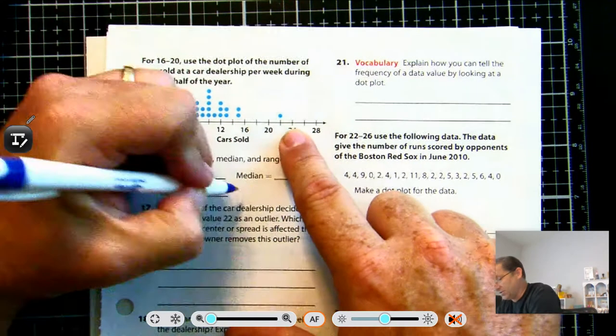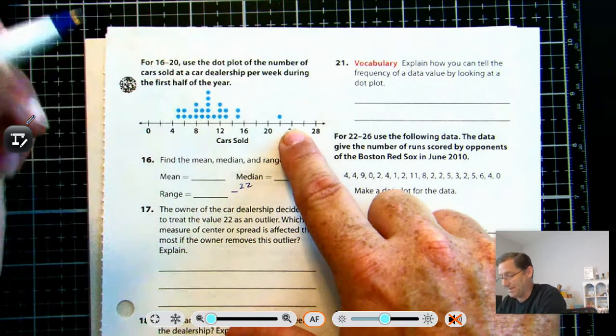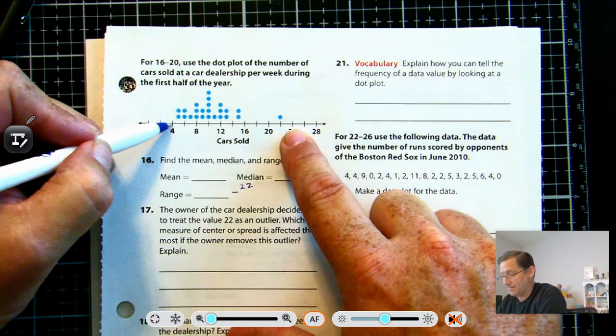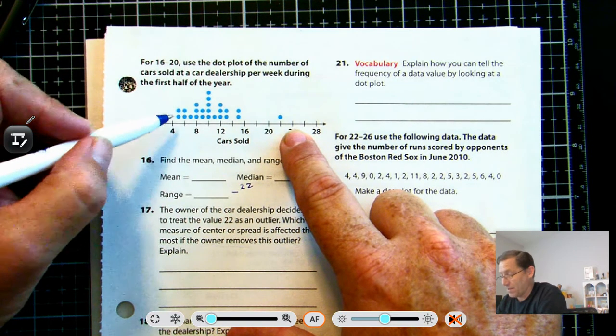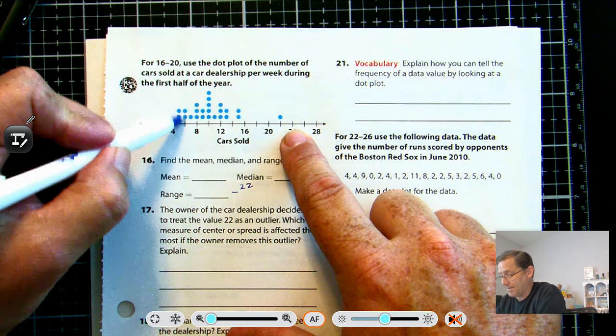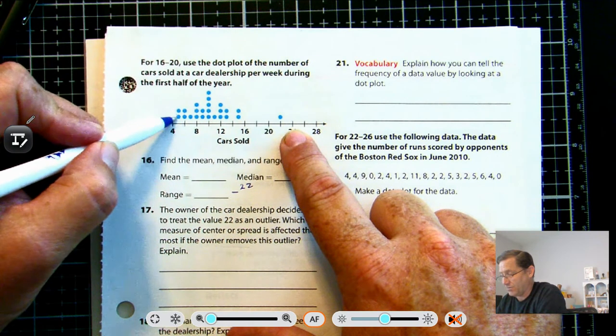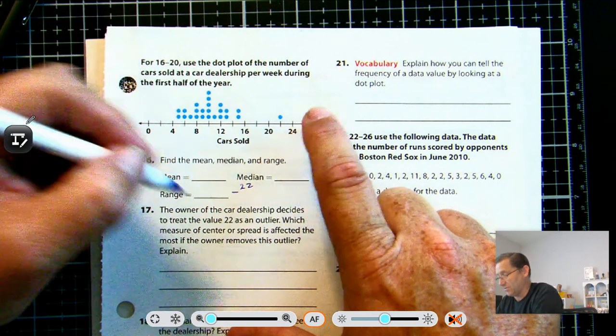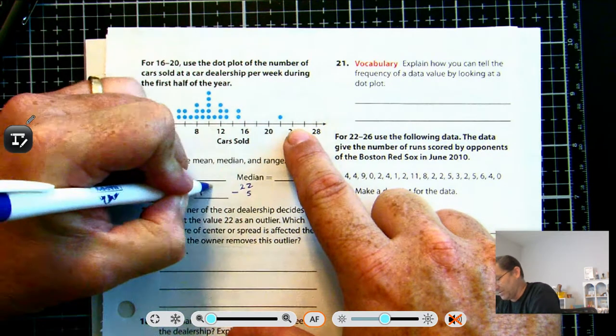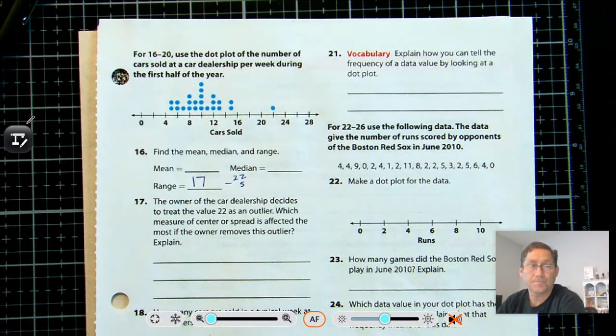So the range is 22 minus... So we notice that this line is 6, and these are in between, so that's got to be 5. So 22 minus 5, so the range is 17. The median.